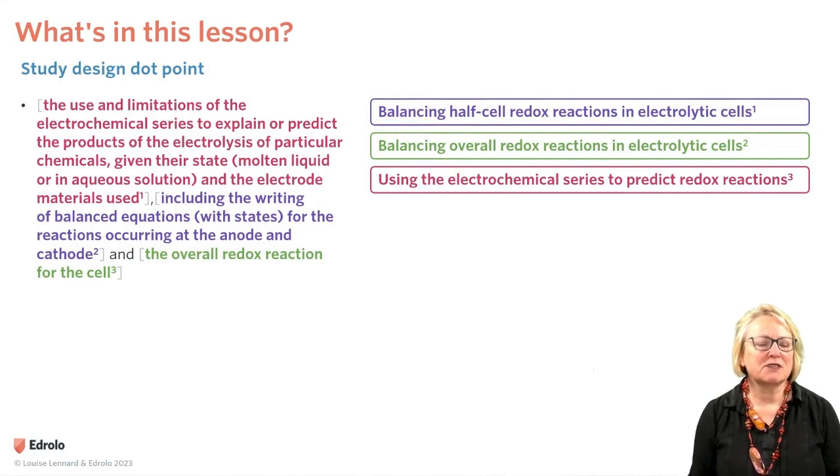We're going to use the use and limitations of the electrochemical series to explain or predict the products of electrolysis of particular chemicals, given their state, either as molten liquid or in aqueous solution, and knowledge of the electrode materials that are used. We're going to balance half-cell redox reactions in electrolytic cells, which is what's new, and we're going to balance overall redox reactions within those electrolytic cells.